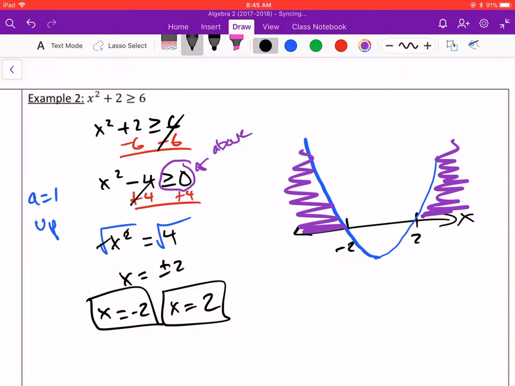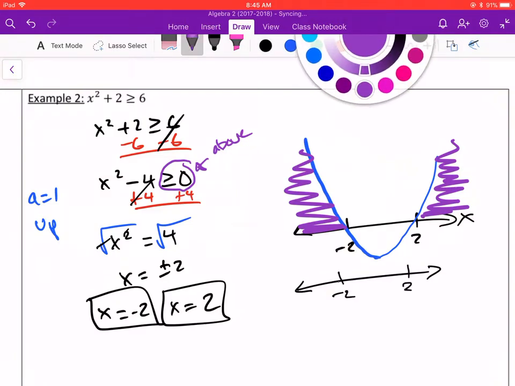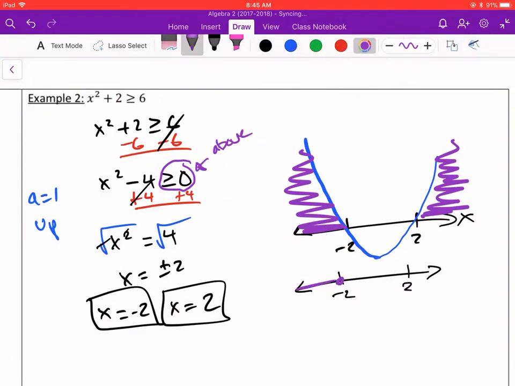So on a number line, you would see something along the lines of this, where at -2 and below, at +2 and above. Write this as an inequality. Well, x has to be less than or equal to -2, or x has to be greater than or equal to +2.